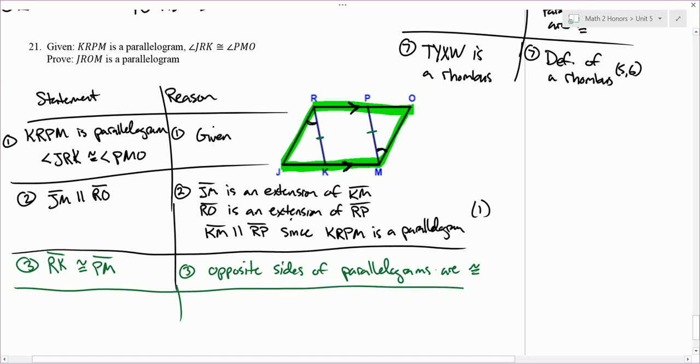And so we have side, angle, and we just need another piece. Well, we can state that angle J and angle O are congruent because opposite angles in a parallelogram are congruent.